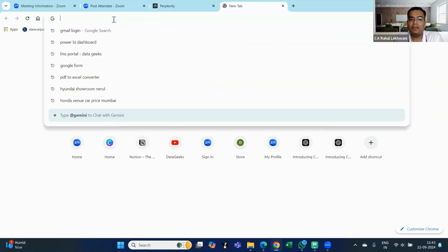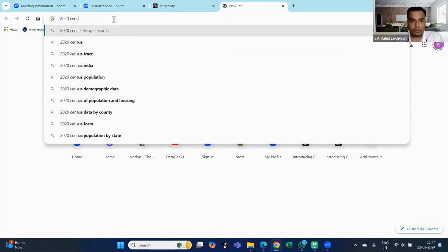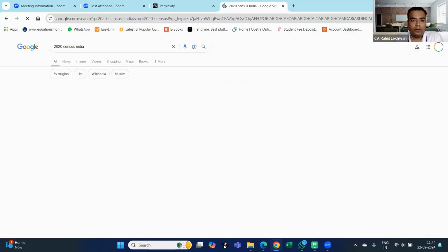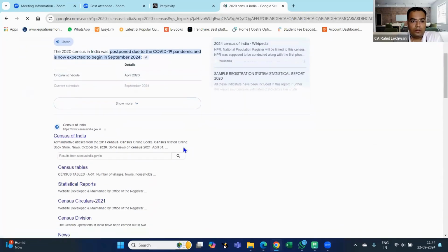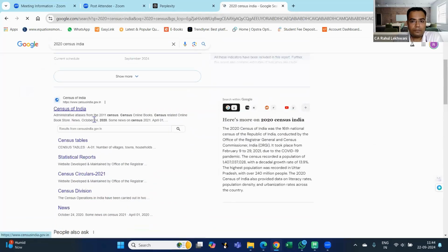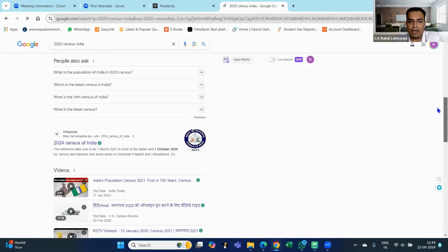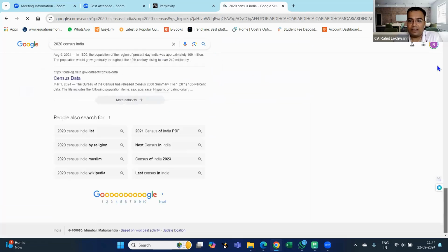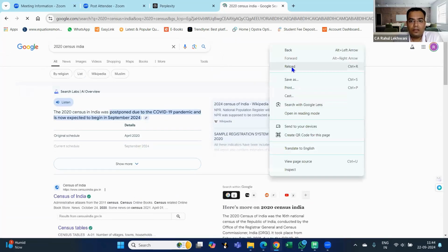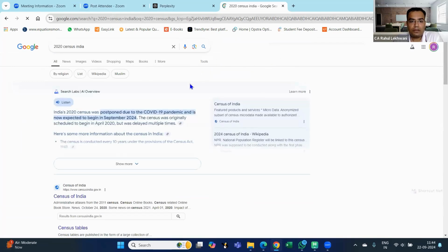For example, let me take an example, census. So the 2020 census is the population related data, correct? Census is nothing but the population related data that we have. Let us see if we have some article with information which we can summarize. Okay, I think it is taking some time to generate.